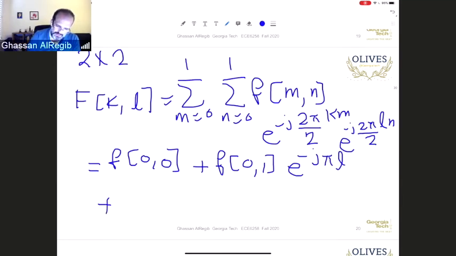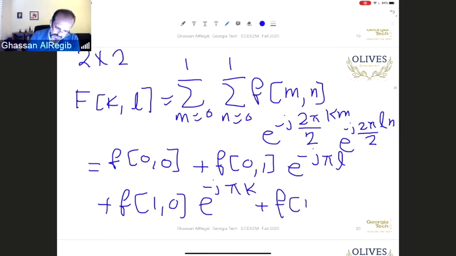The third term is when m is 1 and n is equal to 0, f of 1 and 0, and then e to the negative j 2 pi ln now will be equal to 1 because n is equal to 0, and the second one will be e to the negative j pi k. Plus finally, when both of them are 1, we'll have e to the negative j pi k, e to the negative j pi l.